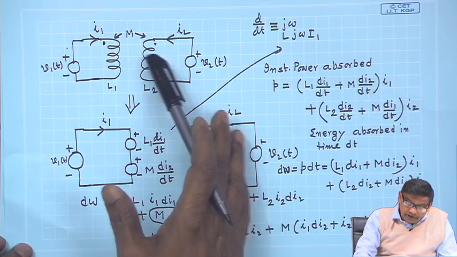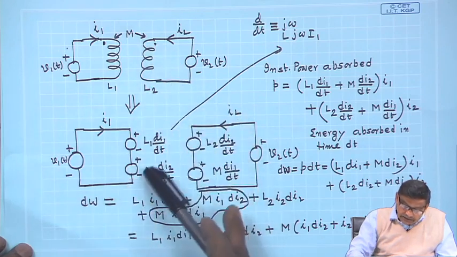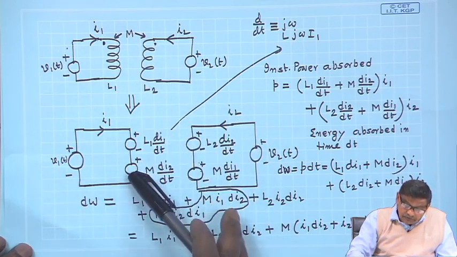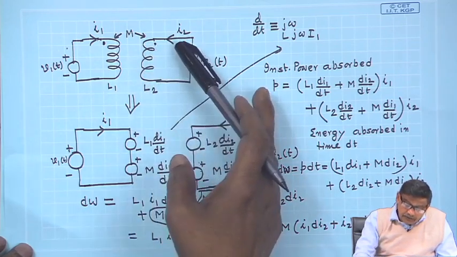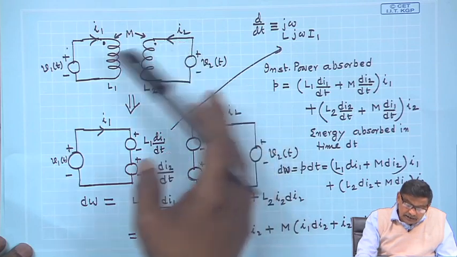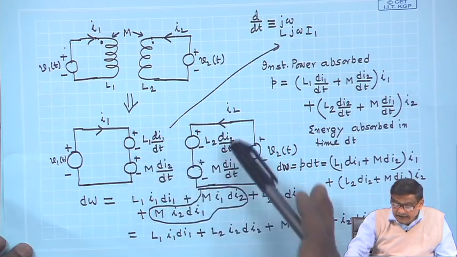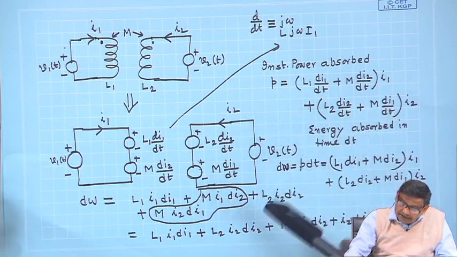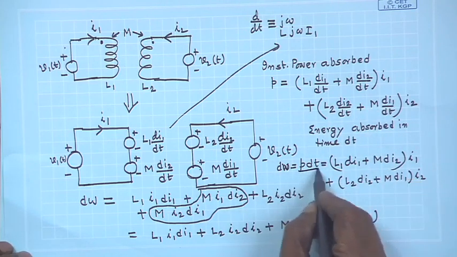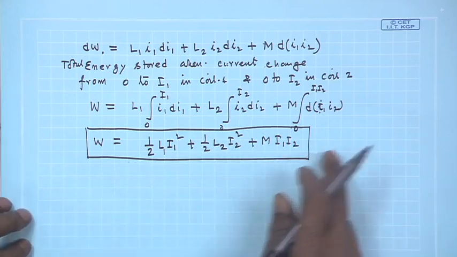Now, here comes the importance of dot. If I2 is going like this, M dI2 dt will definitely be there, another source of EMF, but the polarity of that voltage will be through the dot where I2 is entering. Here also that dot will become plus, that is the upper side will become plus. Like that I drew this, and then from instantaneous power you get elemental energy, integrate it appropriately to get the final energy stored expression.